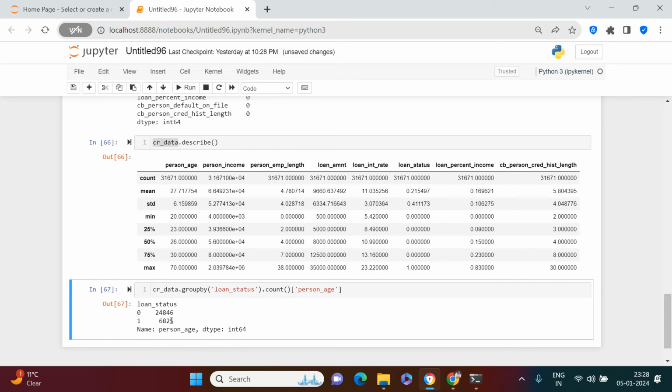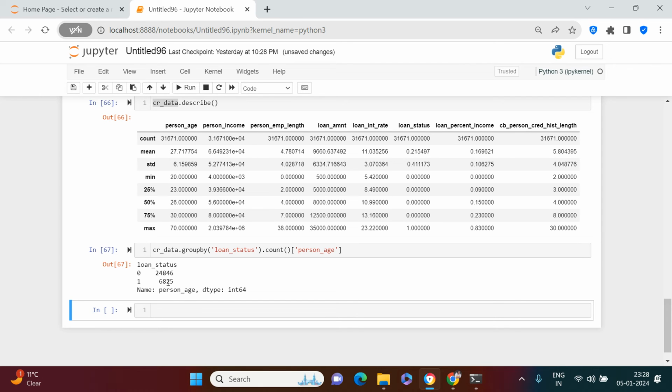Okay, so this still looks kind of imbalanced, right? Let's just do a quick calculation. This divided by this plus this.